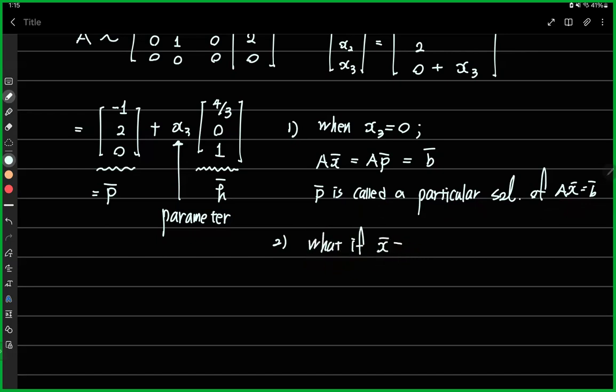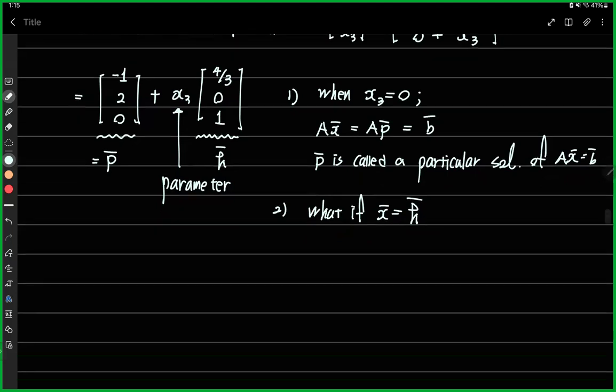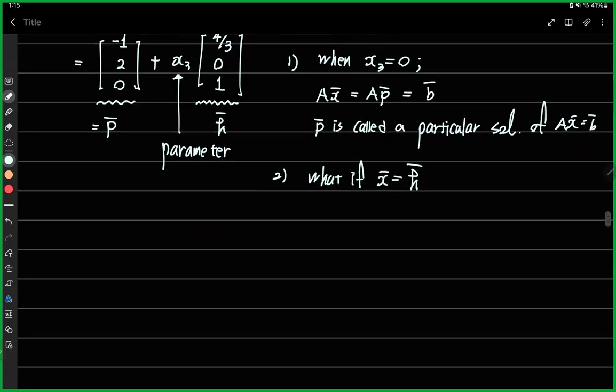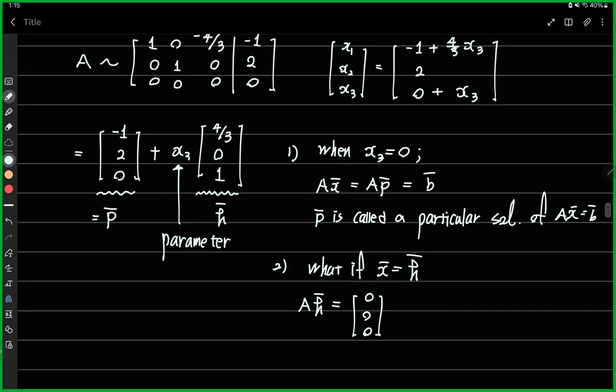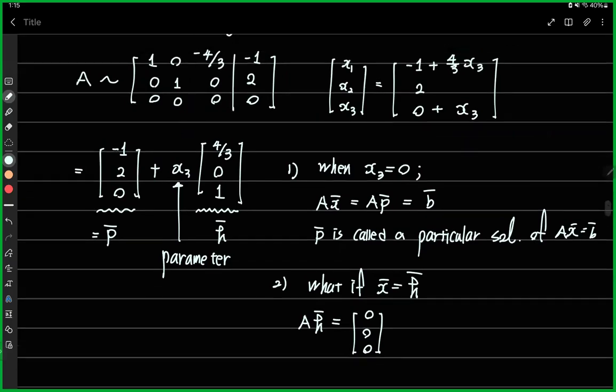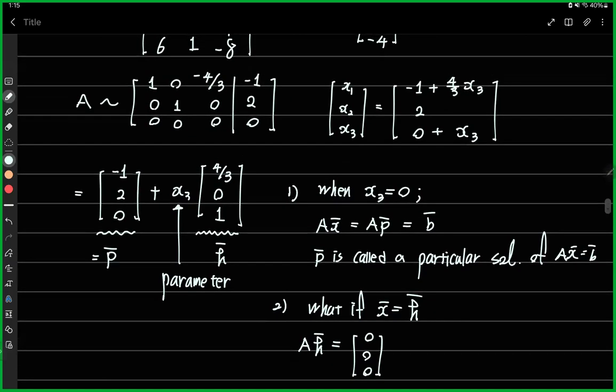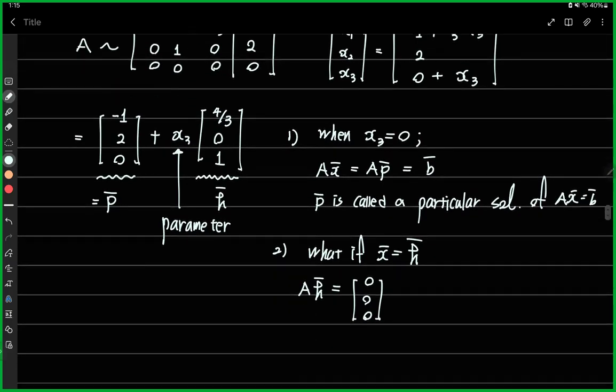The second one: what if x is H? Then AH is going to be 0. Can you see why we got 0?